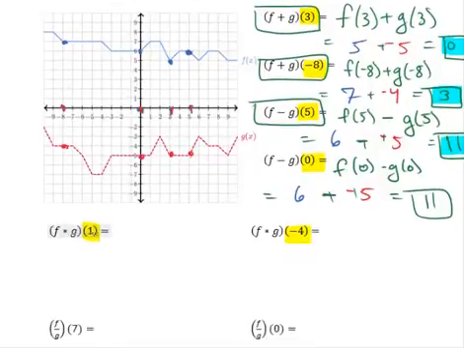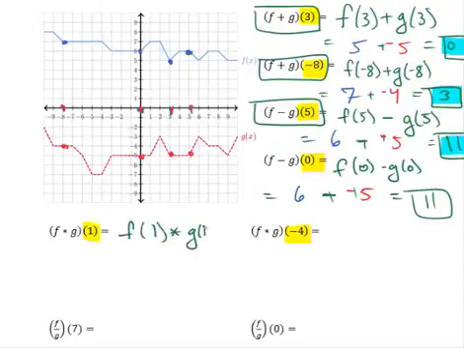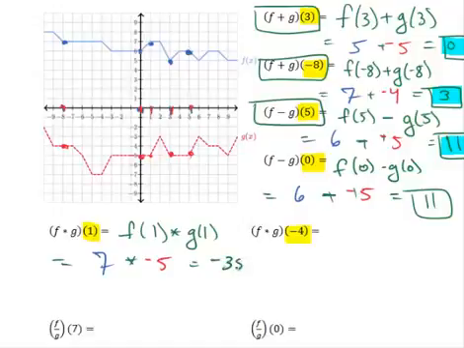So f times g of 1 is f of 1 times g of 1. Looking at your chart, we see that f at 1 here is a positive 7, and we see that g at 1 is a negative 5. 7 times negative 5, negative 35.